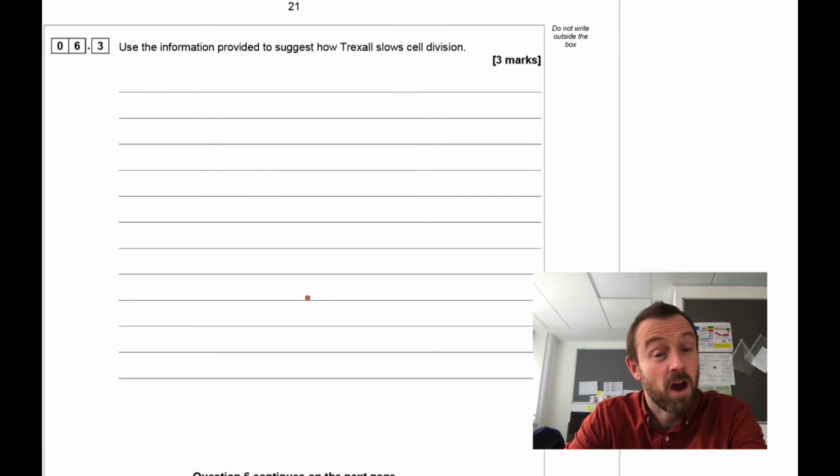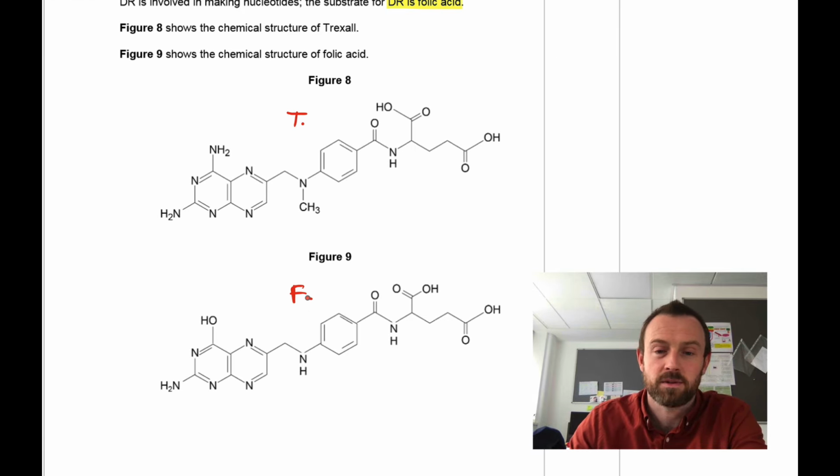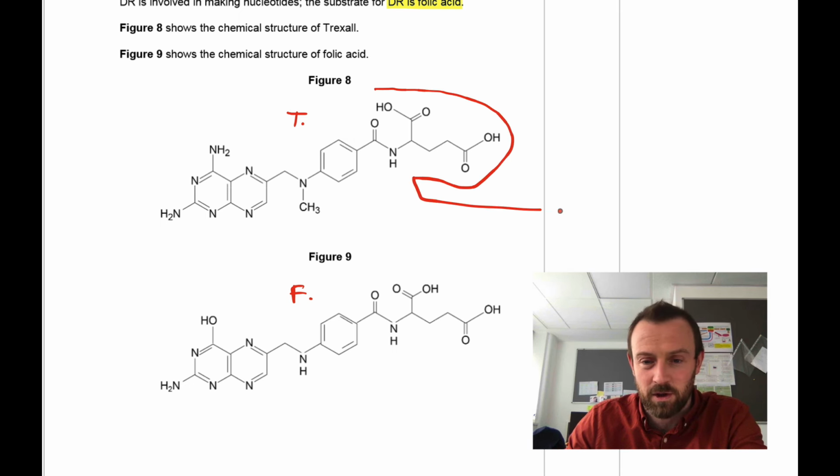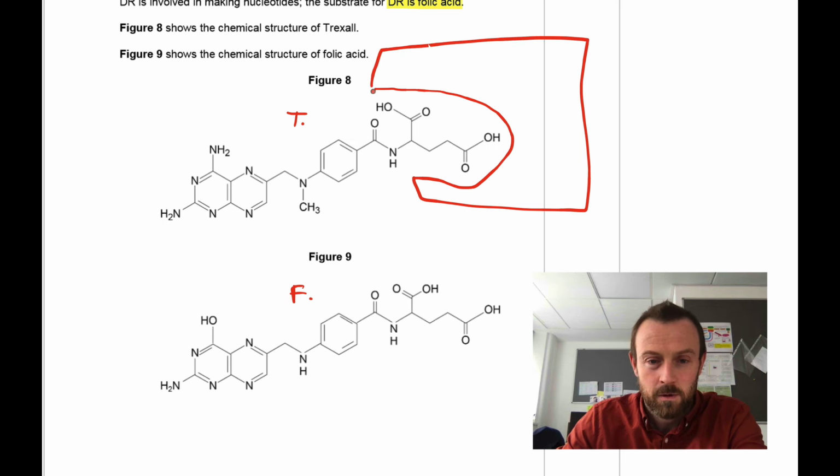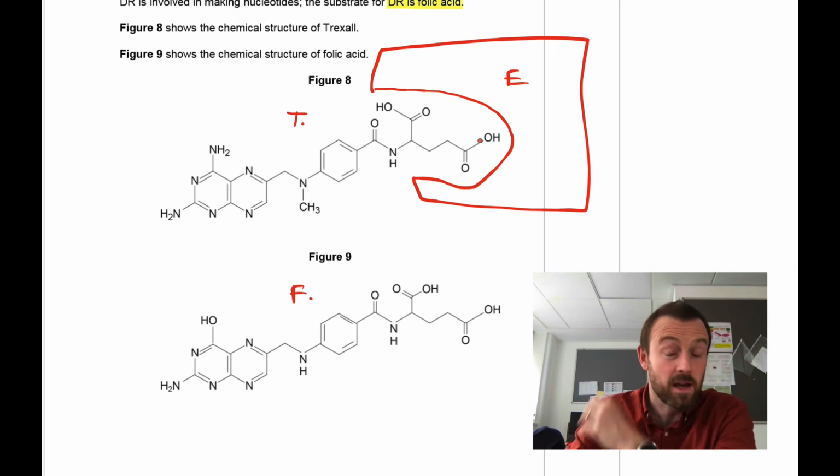Use the information provided to suggest how Trexol slows cell division. Okay, so there's an enzyme. Let's just draw it over here, that has an active site that kind of fits this molecule. Now, either folic acid can get into that active site or Trexol can get into the active site.